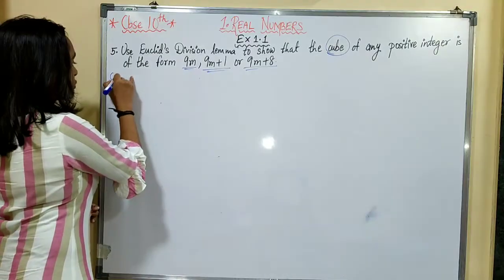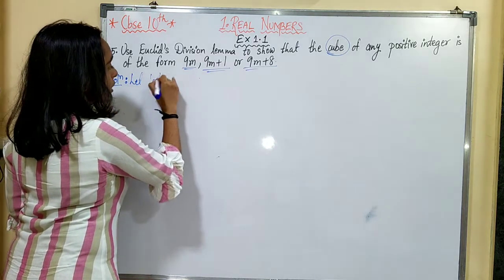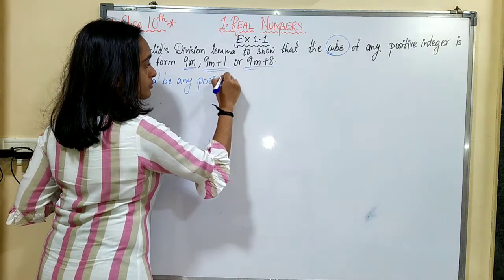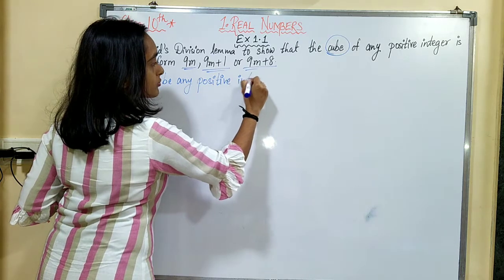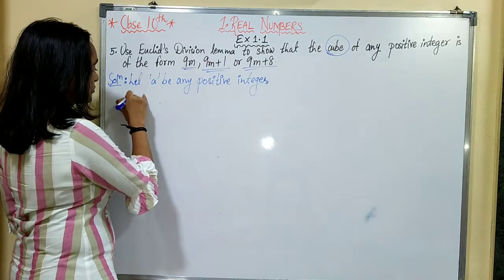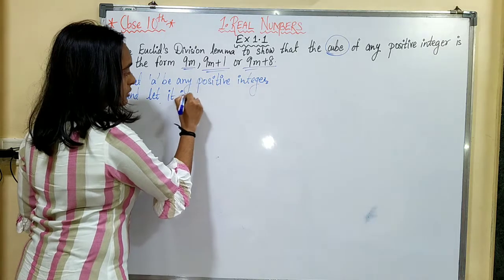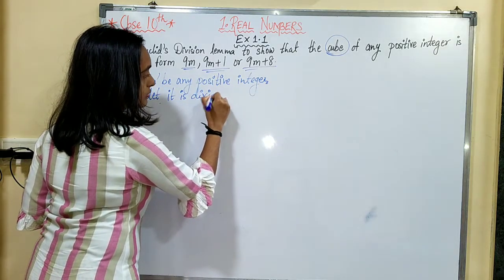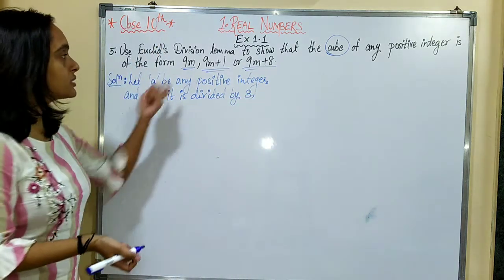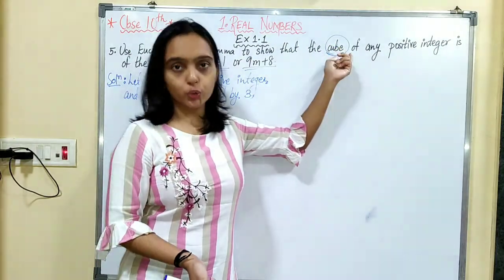So the solution is, let a be any positive integer and let it be divided by 3, because here 9 is there, but we have to take the cube of each number.